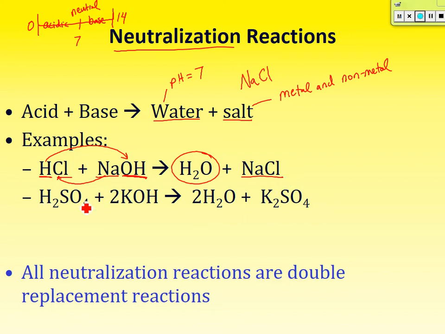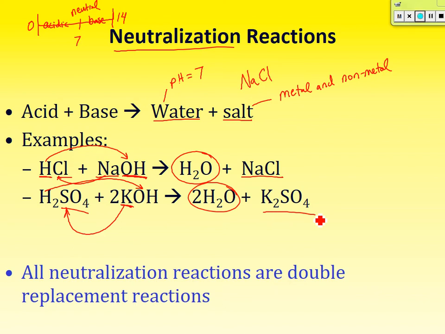Same thing here. This is sulfuric acid. It donates its hydrogen to the base, which is potassium hydroxide. The hydrogen and the hydroxide meet up. They form water. What's left? Well, the potassium got left, and so did the sulfate ion. So this potassium comes over, hooks up with the sulfate ion, and makes potassium sulfate.